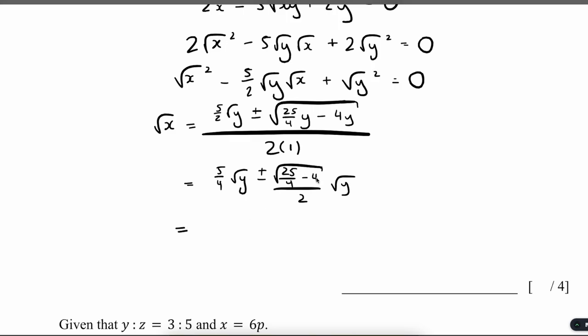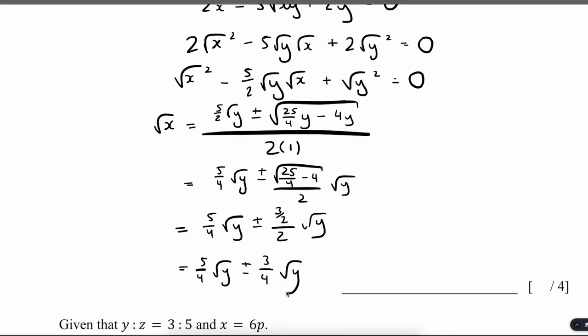So let's simplify this here. 5 over 4 root y, so this is 25 over 4 minus 16 over 4, which is root 9 over 4, which is 3 over 2, so plus or minus 3 over 2 root y, which is of course 5 over 4 root y plus or minus 3 over 4 root y.